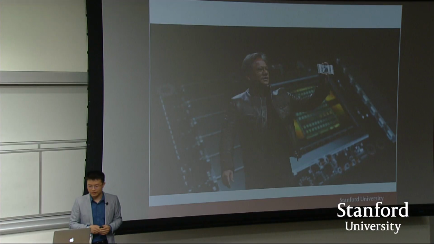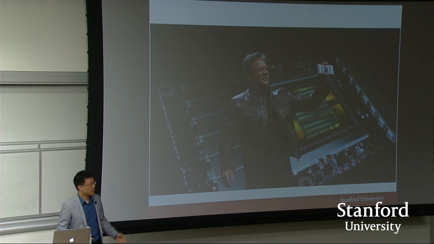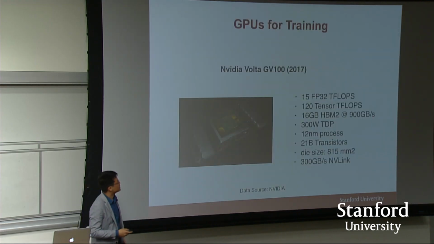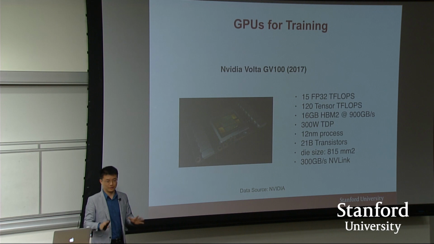just about a month ago, Jensen released the newest architecture called Volta, the Volta GPUs. Let's see what is inside the Volta GPU. It was just released less than a month ago. It has 15 FP32 teraflops. And what is new here, there are 120 Tensor TOPS specifically designed for deep learning.